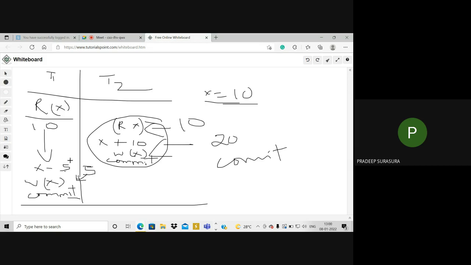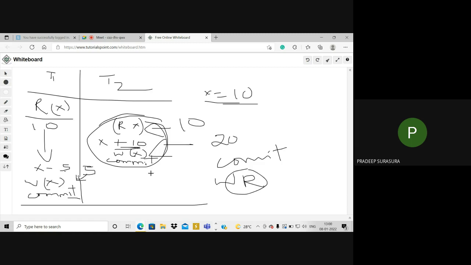The read which was done here will definitely lead to a problem, because both read X, and this one updated. So this is the other wrong.